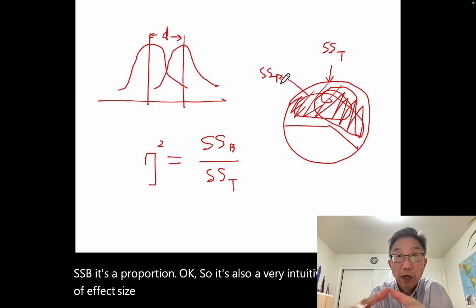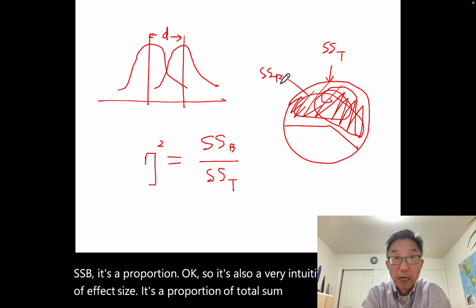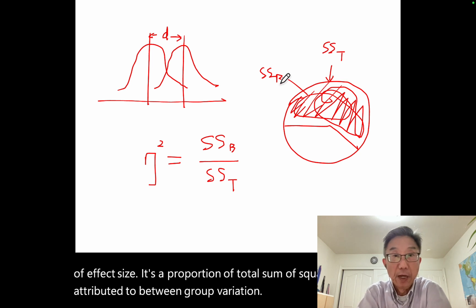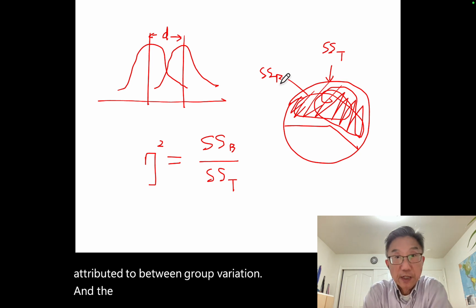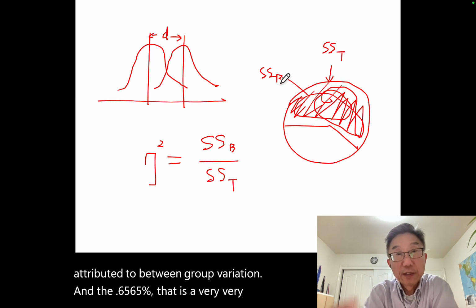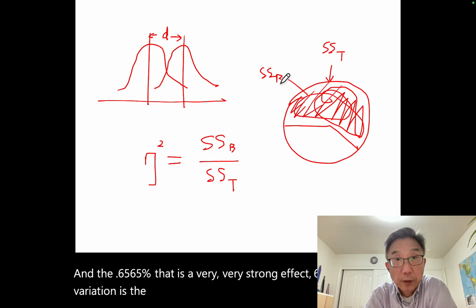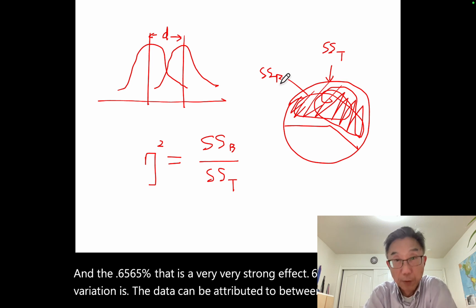Okay, so it's also a very intuitive measurement of effect size. It's a proportion of total sum of squares that can be attributed to between group variation. And 0.65, 65%, that is a very, very strong effect. 65% of the total variation in the data can be attributed to between group variation.